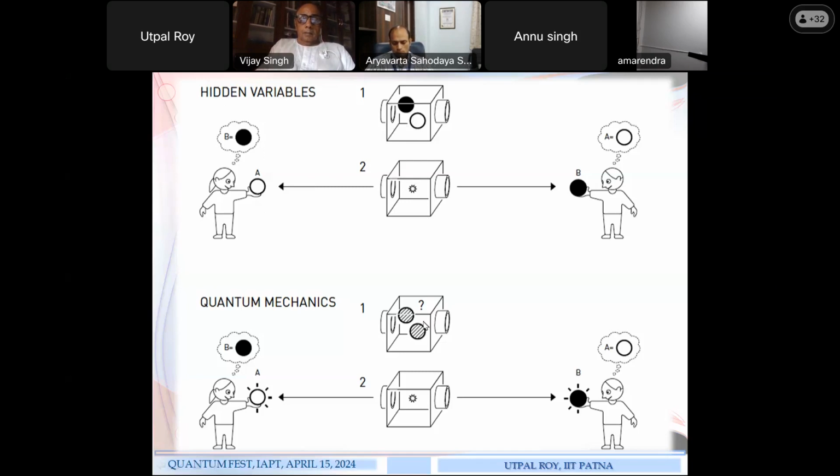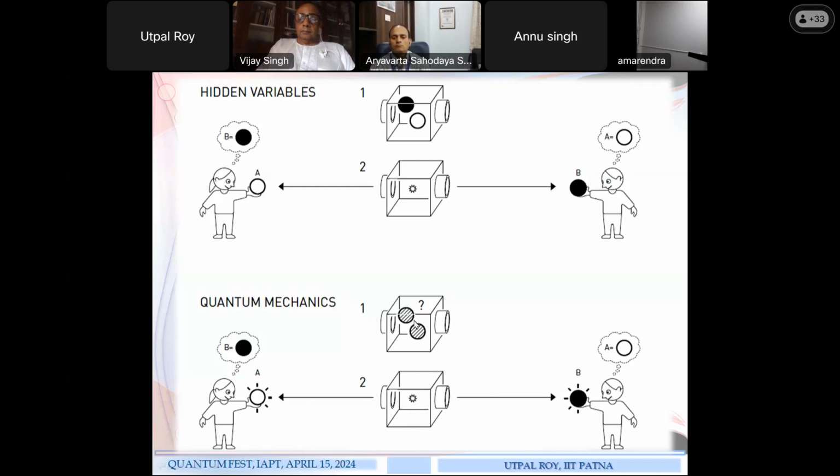But imagine that you do not know what the colors of the balls are, and you just close your eyes and keep two balls. And then if you receive white color, you are never sure that your friend will receive the black color. So he may receive a white color as well as a dark color. So both the combinations are possible. So in that case, we do not have any hidden variables.